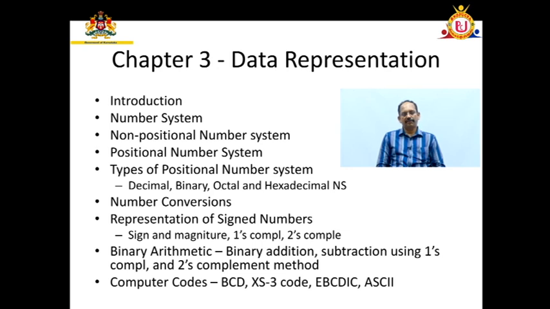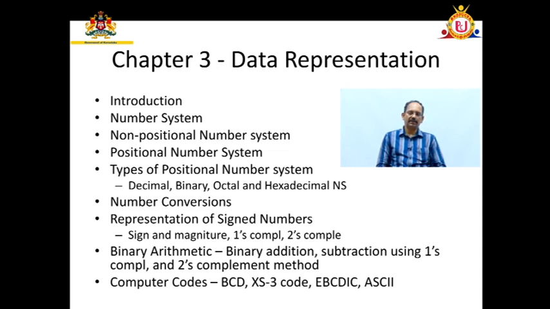Then we also discussed the representation of a signed number. What is a signed number? A signed number is nothing but how we represent positive and negative numbers in the binary number system; that is the discussion point of signed representation, or representation of signed numbers.